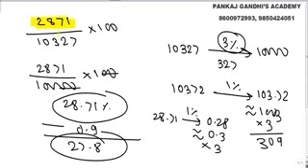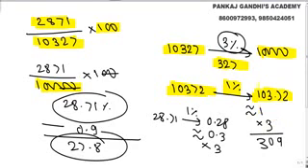It was 2871 upon 10327. We make it a round figure, 10,000. We have reduced the denominator from this to this nearly by 327. 1% of this number is 103, nearly.